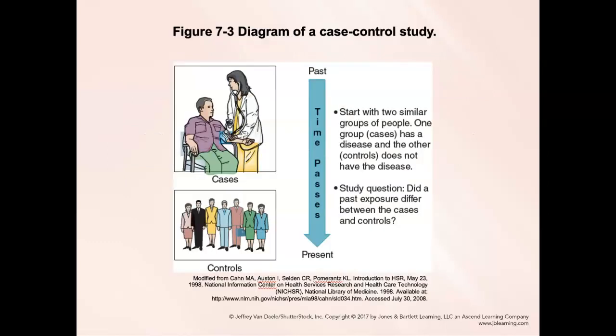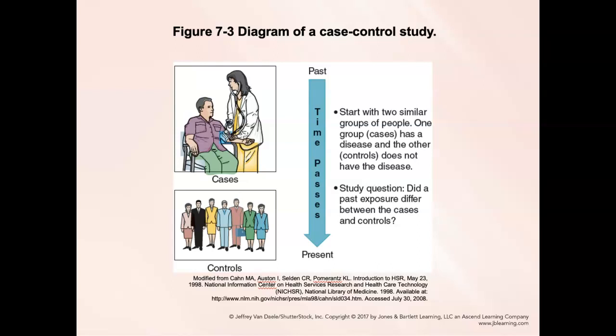So this is a visual diagram from your textbook, and it visually shows the idea of a case control study. Essentially what you're doing is you're selecting cases, so people with the disease, and you're trying to find a similar group of people without the disease, or controls. So for example, maybe I'm interested in some form of cancer.